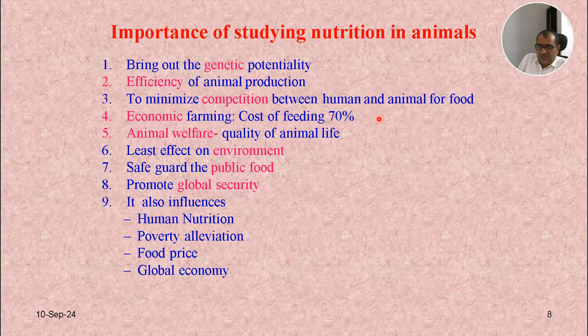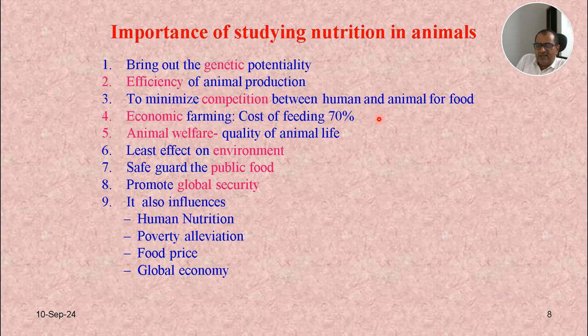This point is very important because nowadays everybody is telling that global warming is caused by the ruminants, especially the methane gas and carbon dioxide gas. To some extent, it's true also, because about 17% of the methane is contributed by the animal husbandry sector to the environment, and because of this there is a global warming threat.